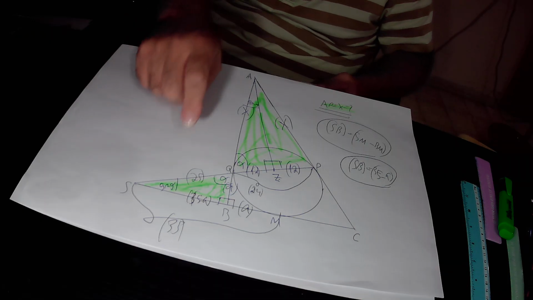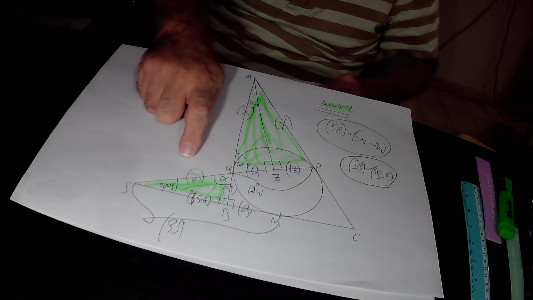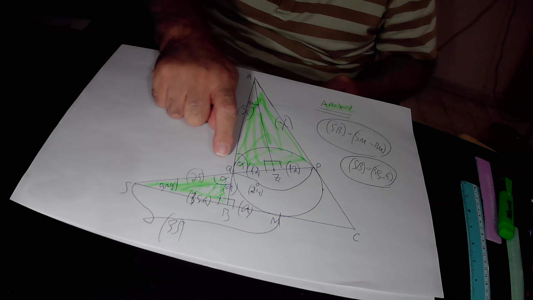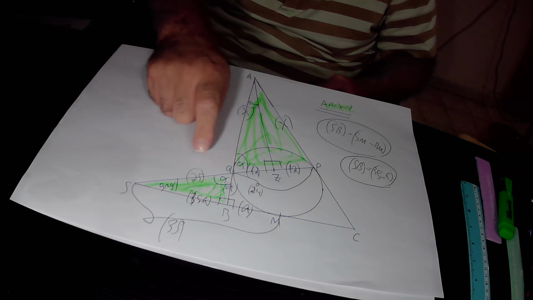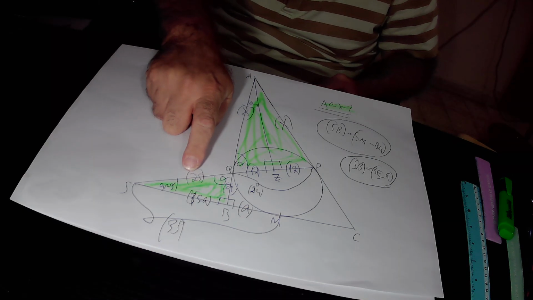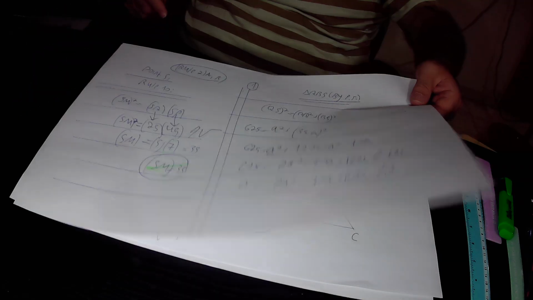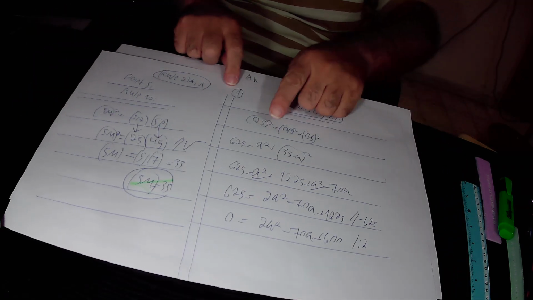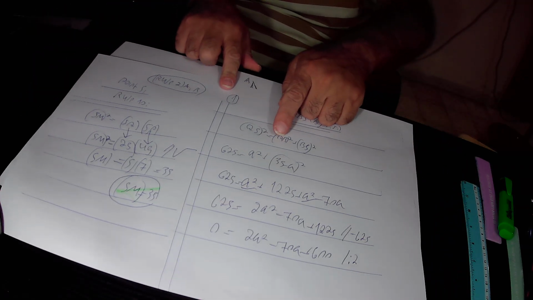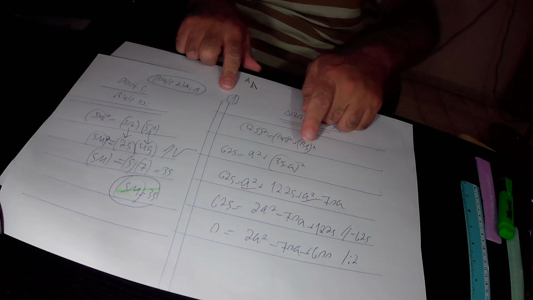QS is 25, therefore QS squared is 25 squared, that is 625, plus QB squared. QB is 8, therefore QB squared is 8 squared, plus SB squared. SB is 35 plus a, therefore SB squared is 35 plus a, all squared. So in total, we find that 625 equals 8 squared plus (35 plus a) squared.